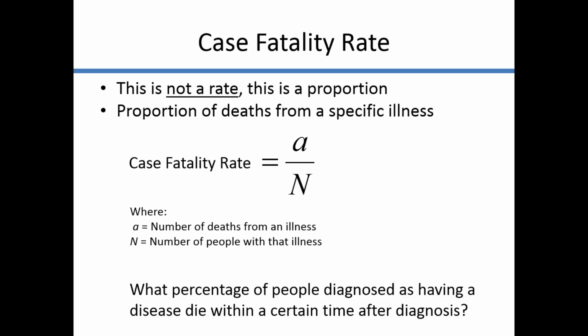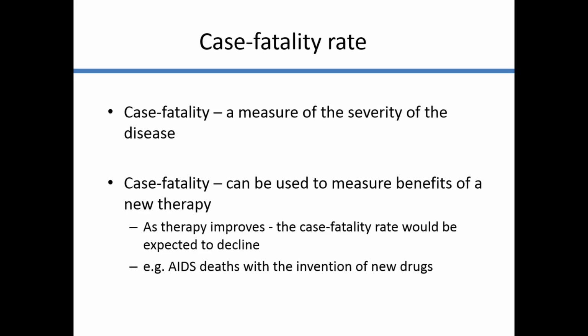Like AIDS in the early 80s and mid 80s. Case fatality rate goes down once we develop ways of treating it. Like AIDS today, case fatality rate has gone down. Again, I use the word rate cautiously. It's more of a thing that you hear by tradition to call it a rate, but technically speaking, as you now know, it's not a rate. It's not a time component.